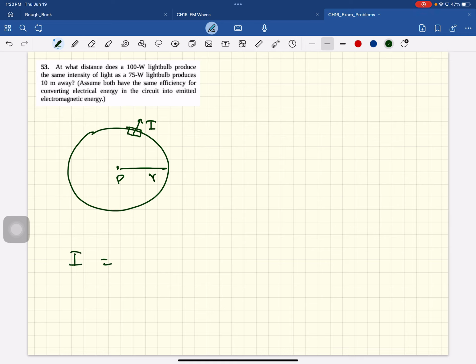Intensity is power divided by the surface area. So imagine a basketball of radius r. The surface area is 4 pi r squared. So the intensity is that power spread over that area.